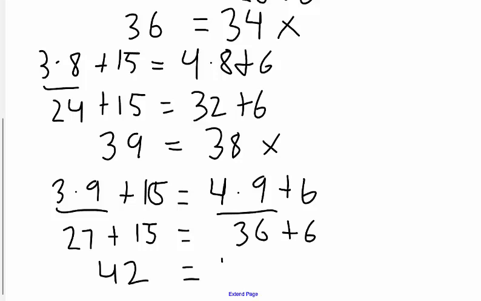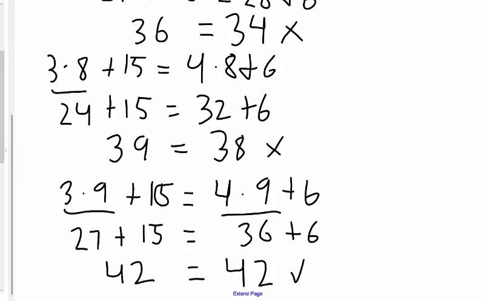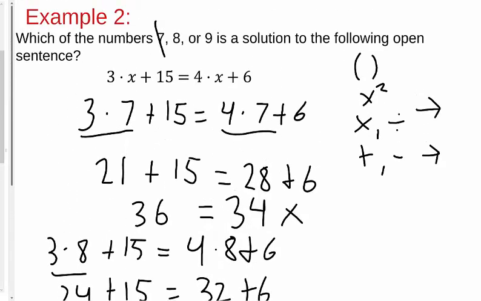And 36 and 6 is 42. 42 is equal to 42. They check out. So the answer to our problem, because we wanted to know, is it 7, 8, or 9? The answer is 9. 9 is the solution to the following open sentence.